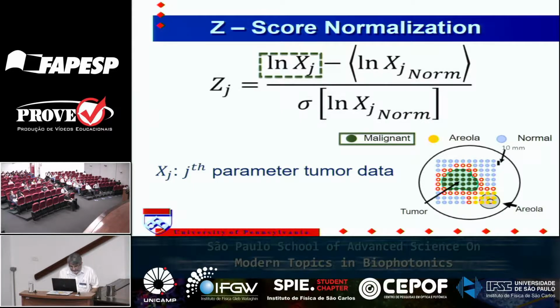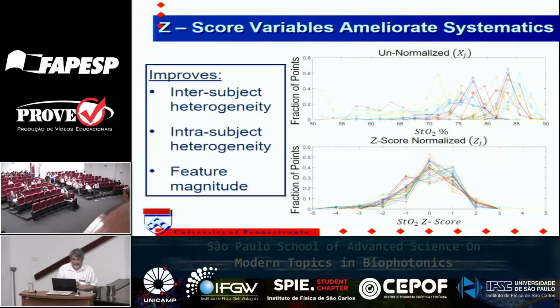But first of all, I just want to point out, it really had a hugely positive effect to do this, okay? So this is basically the oxygen saturation measured in a whole bunch of patients. I think this is a different subset of a different group of patients, but you get the idea, I hope, that from patient to patient, which are the different colors, it's different, okay?